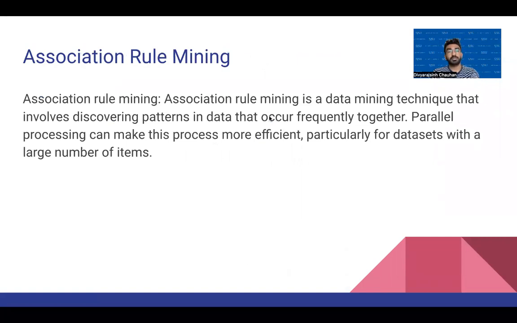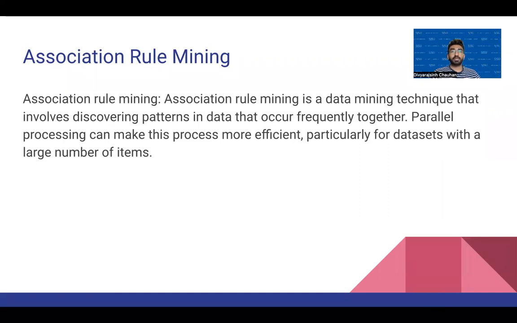Moving on, another data mining technique that we're going to discuss is association rule mining. Association rule mining is a data mining technique that involves discovering interesting relationships or rules between variables in large data sets. It is commonly used for tasks such as market basket analysis, where the goal is to identify patterns in customer purchasing behavior.